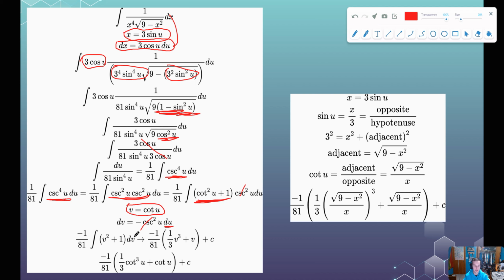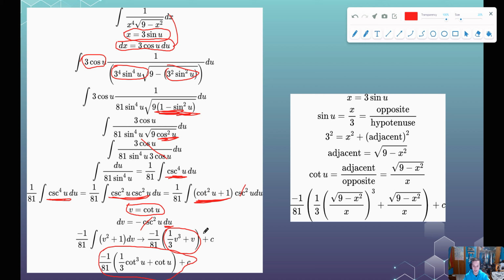And you just end up with v squared plus 1, which is something that we know how to take the integral of. And so you get your nice little polynomial, right? And then you can plug back in your cotangents, and you can get something like this.